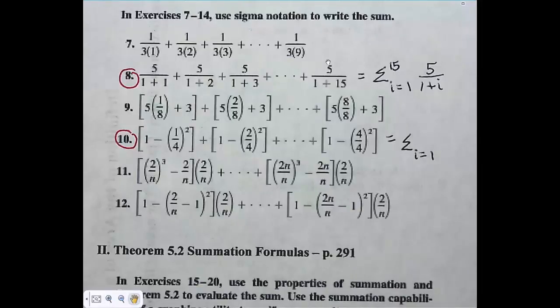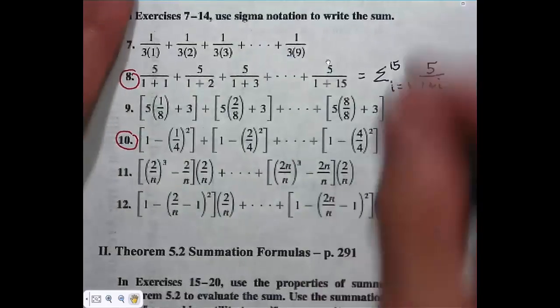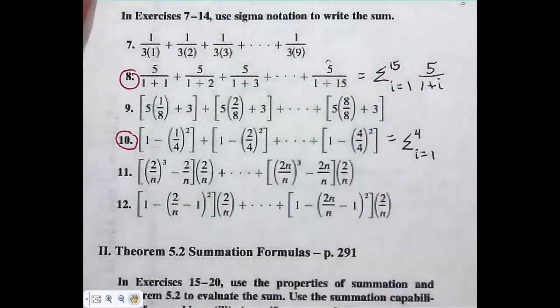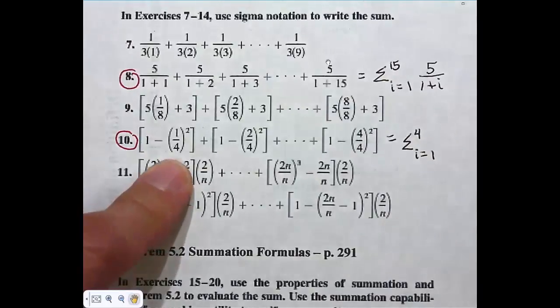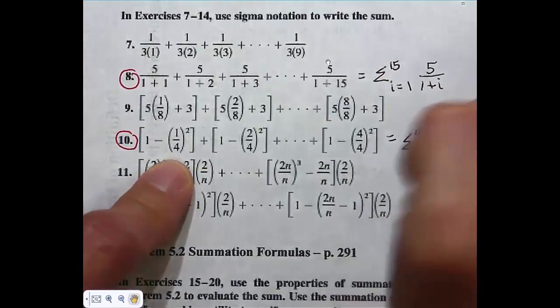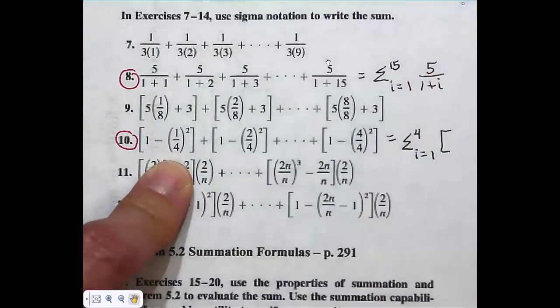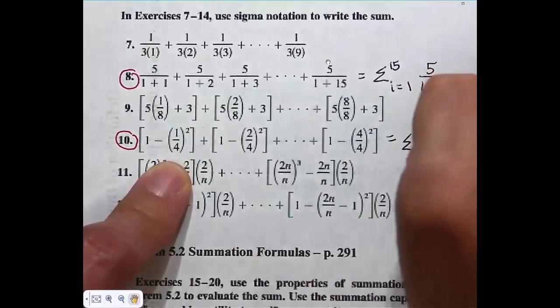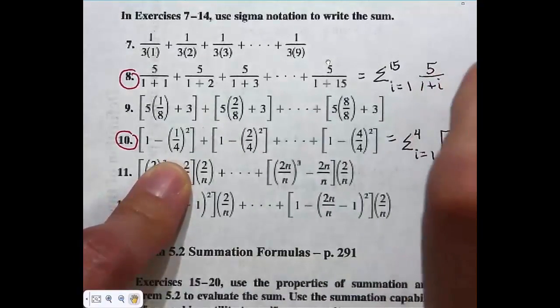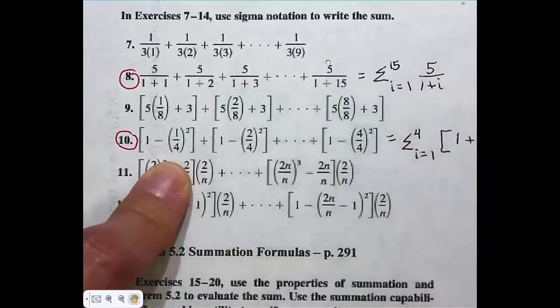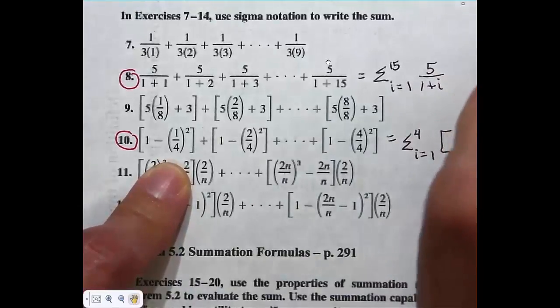And that numerator begins at 1 and goes up to 4. So that looks like a sum of something from I equals 1 to I equals 4. How would you write what that something is that's being summed up? 1 plus, instead of 1 over 4, that 1 is changing, so I over 4 squared.